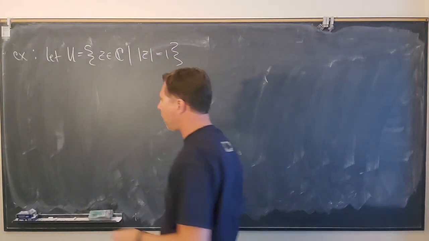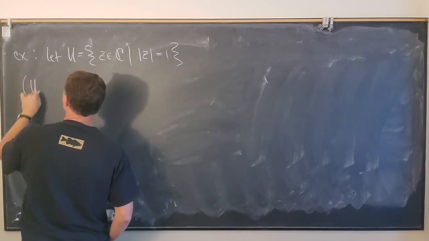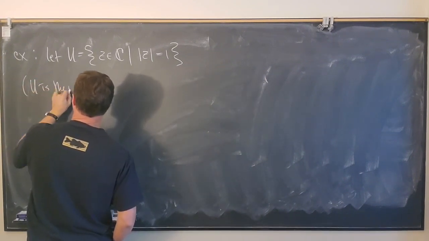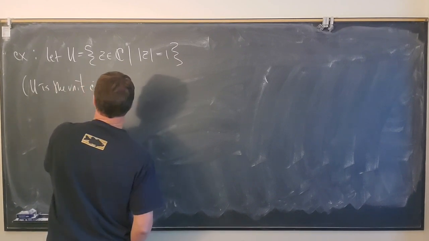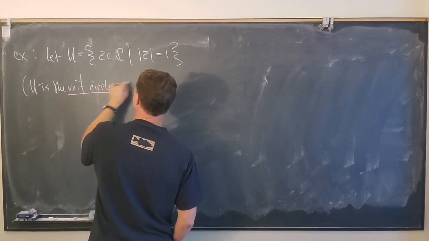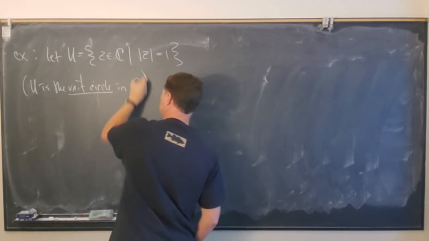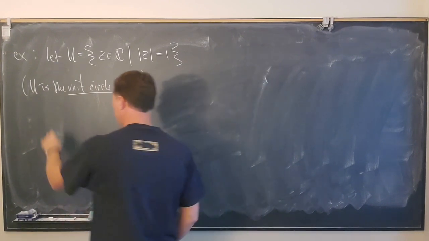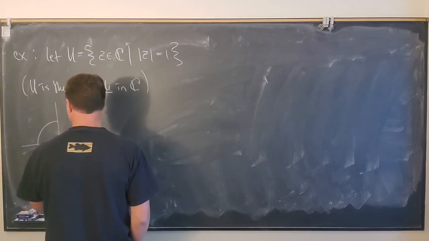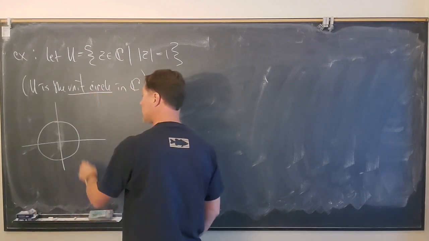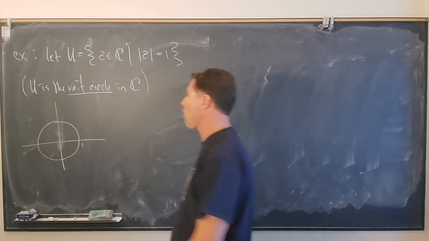U is called the unit circle in the complex plane. If you want to draw the picture, if you take all complex numbers that have modulus 1, it fills out a circle of radius 1.